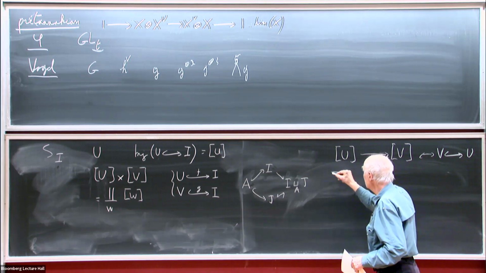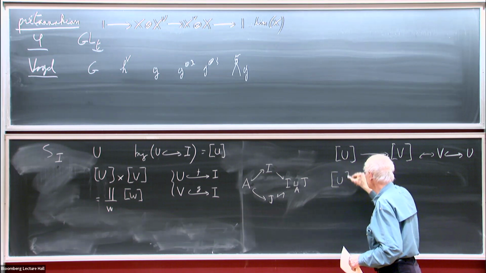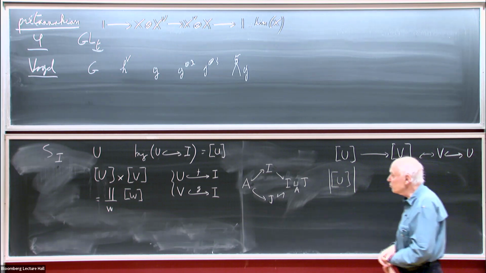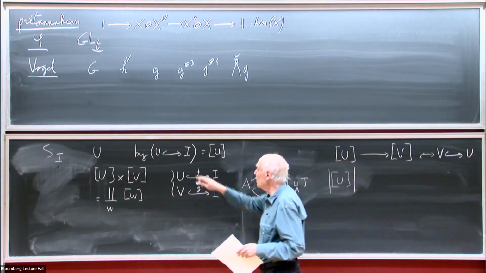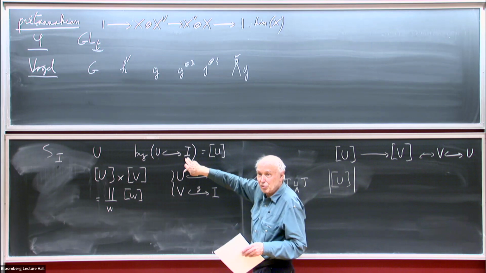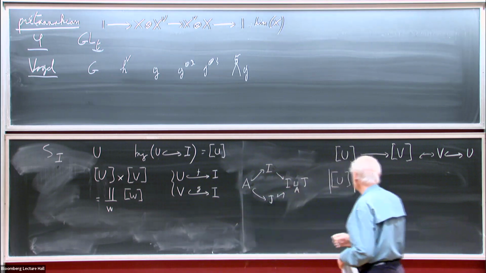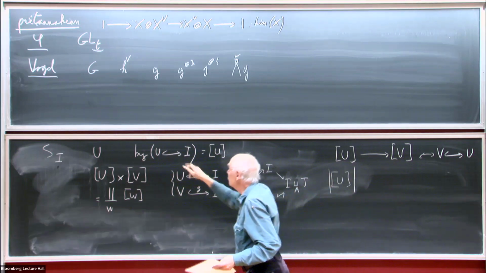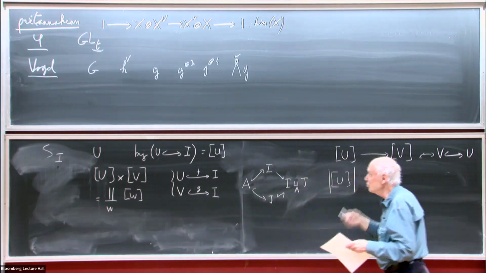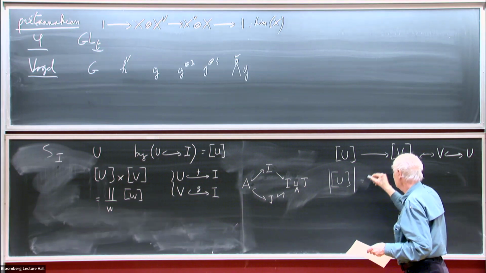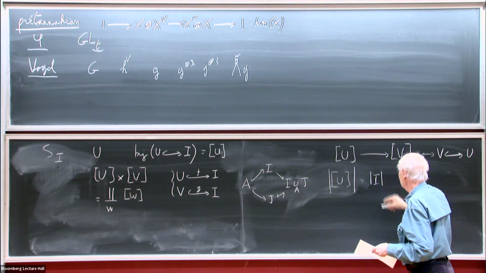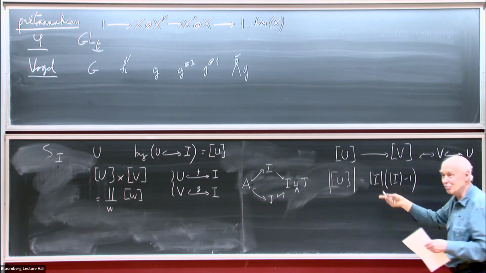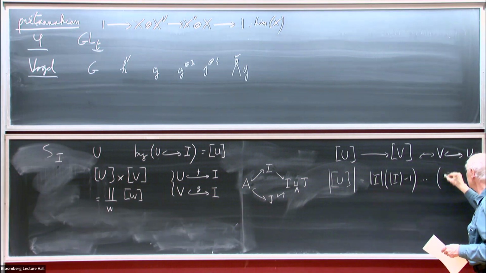is that if you look at the number of elements of this set, it will be given by a polynomial formula in terms of the cardinality of the set I, because you want to count injections from U to I. You order U, the first element has to go somewhere in I, the second one has to go somewhere, but not where the first one went, and so on.